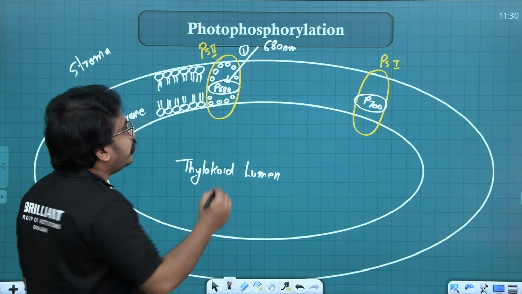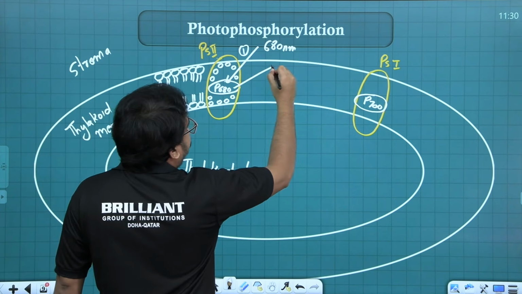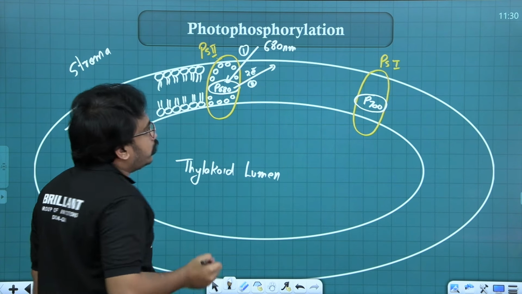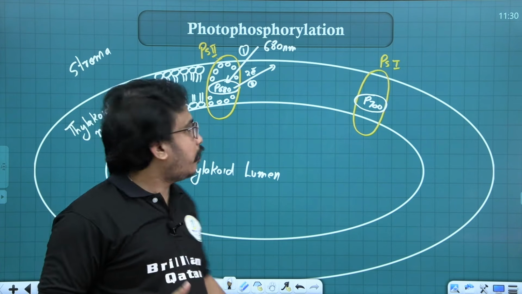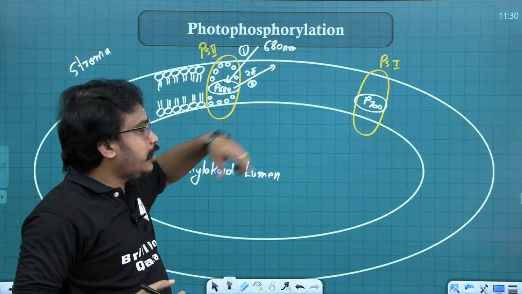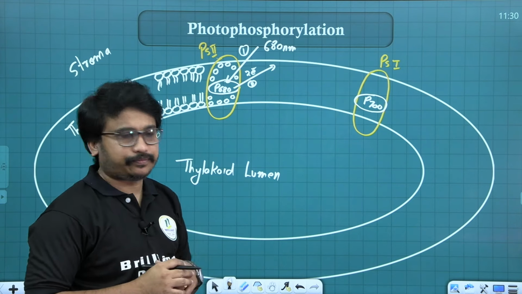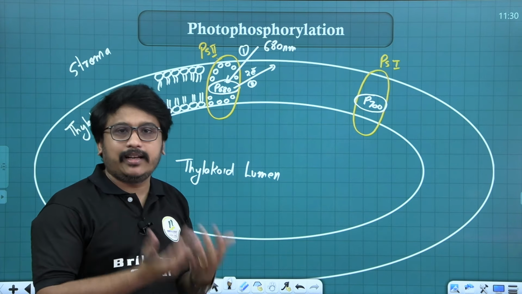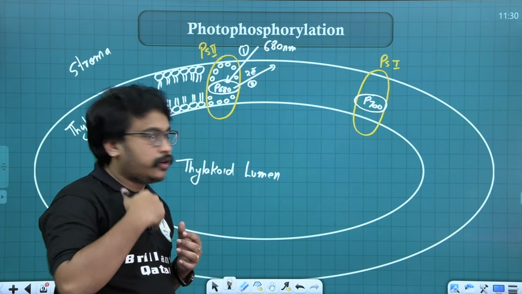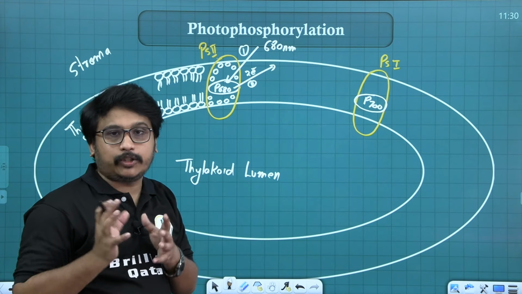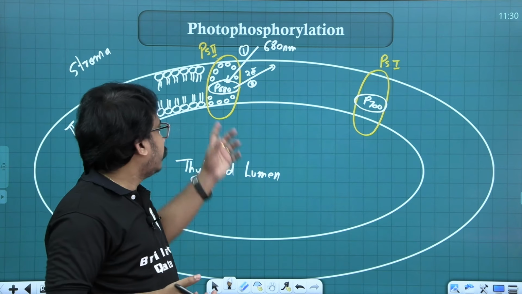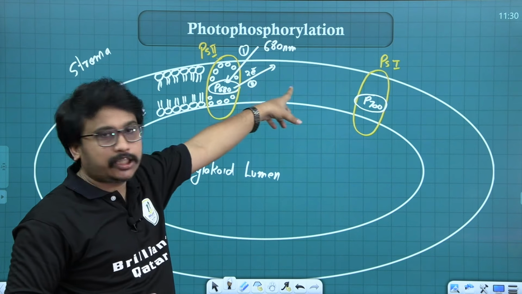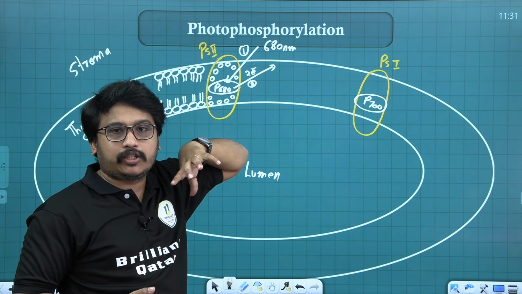Now from here you can see 2 electrons are emitted. So there is excitation of this chlorophyll A molecule. That means taking up this light energy, they get excited and release 2 electrons. Losing the 2 electrons, they get oxidized, and there is reduction of a primary electron acceptor.